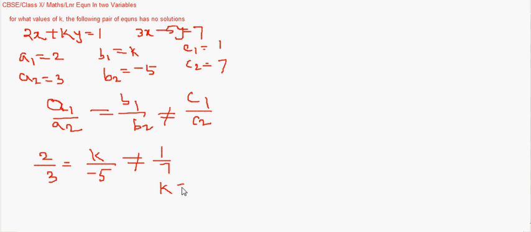So k is minus 10 upon 3, and it should not be equal to 1 by 7. So these are the conditions. You might also come across questions where you are given these kinds of pairs of equations and asked to find the value of k where it represents coincident lines; they will all be related. If you remember the table with the conditions, the type of solutions, and the graphical representation, that will easily help you find the solutions.